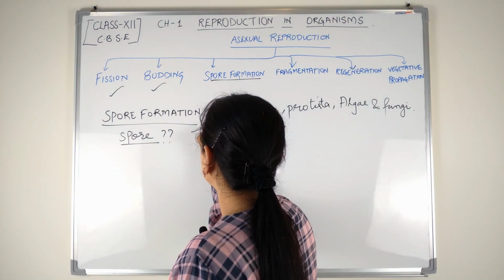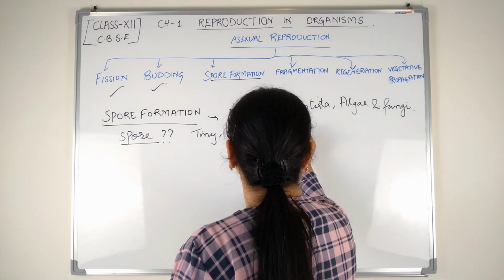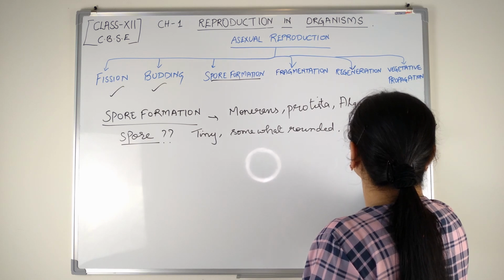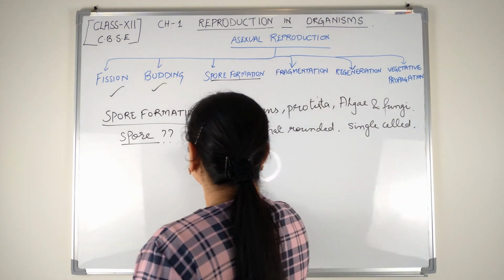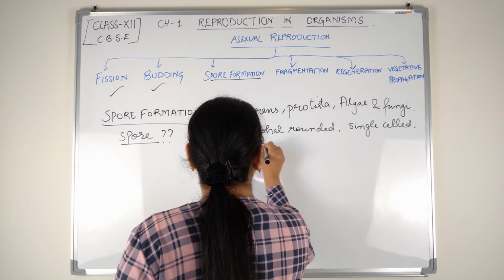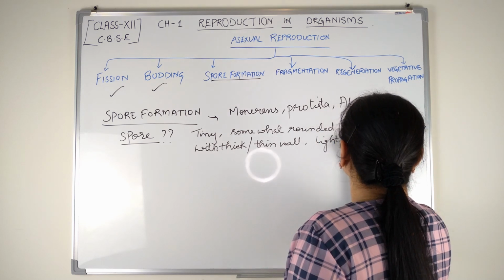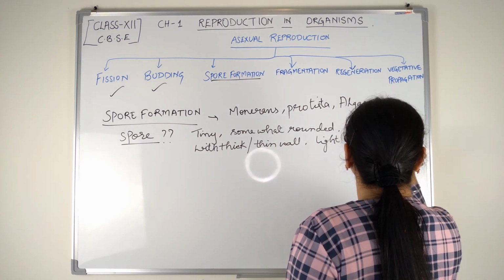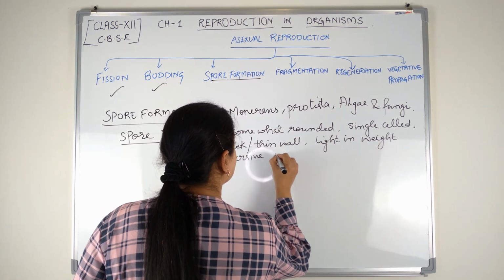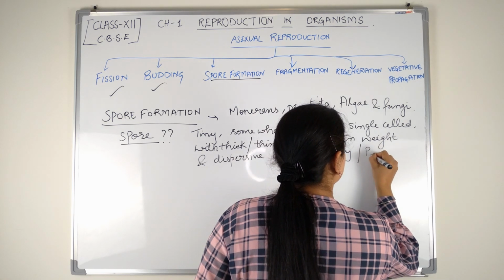It is tiny, somewhat rounded, single-celled, with a thick or thin wall, light in weight, and a dispersive asexual body or propagule.